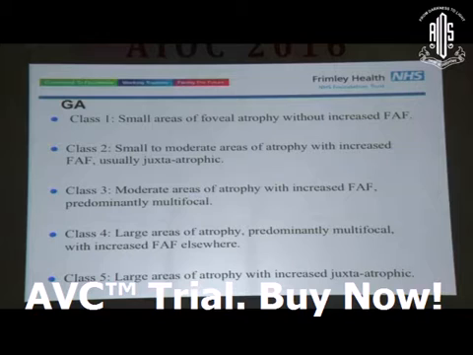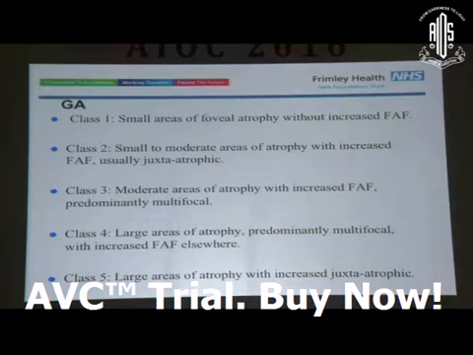And again, it was Frank Holz who decided to classify geographic atrophy. Class 1 is small areas of foveal atrophy without increased fundus autofluorescence, class 2 is small to moderate areas of atrophy with increased FAF, class 3 is moderate areas of atrophy with increased FAF, predominantly multifocal pattern. Class 4 is large areas of atrophy, predominantly multifocal with increased FAF elsewhere as well.